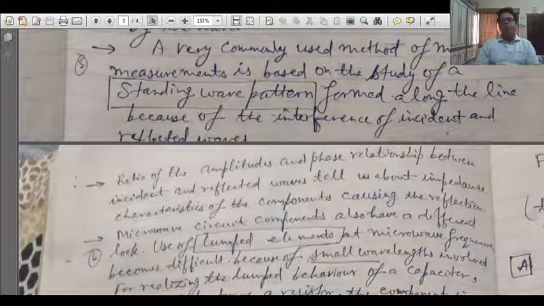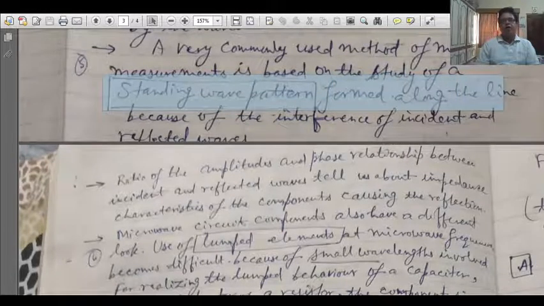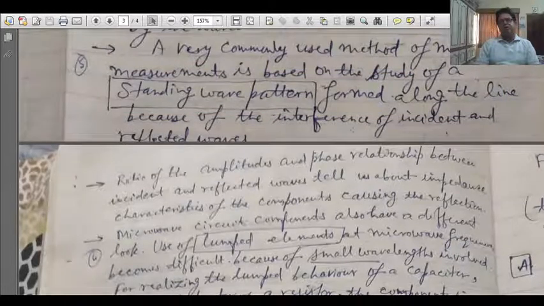A very commonly used method of microwave measurements is based on the study of a standing wave pattern, a stationary wave pattern formed along the line because of the interference of incident and reflected waves.